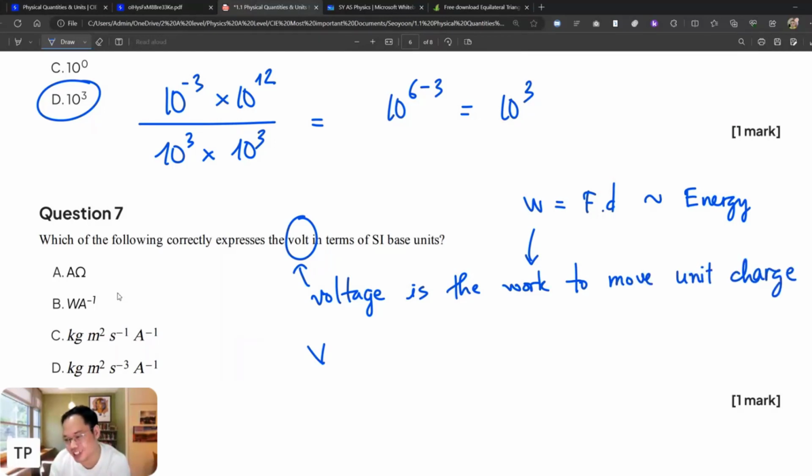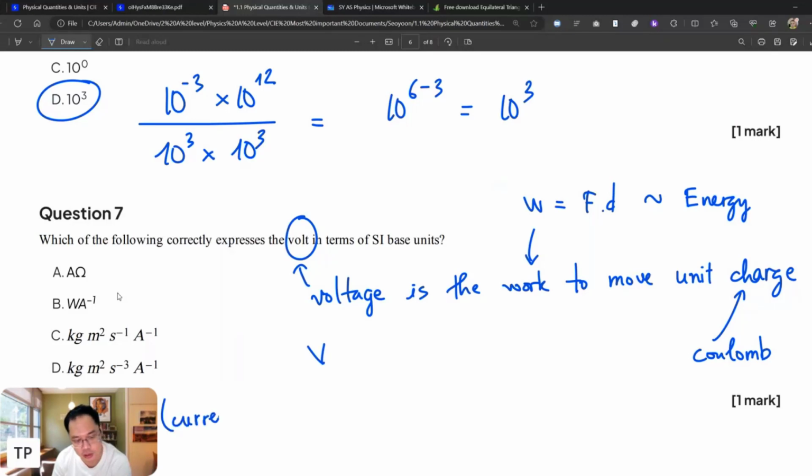And what is charge? Another definition. You have kilogram as the unit of mass for the mass, and for the charge you have the unit coulomb. And this is a derived unit, not a base unit, because the base unit is ampere for the current.